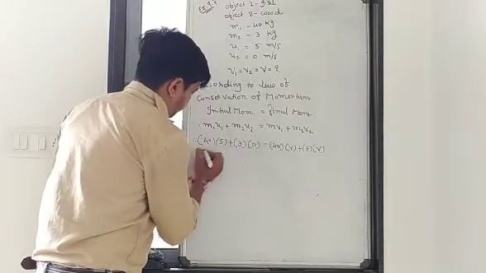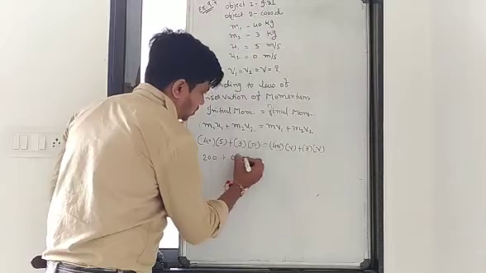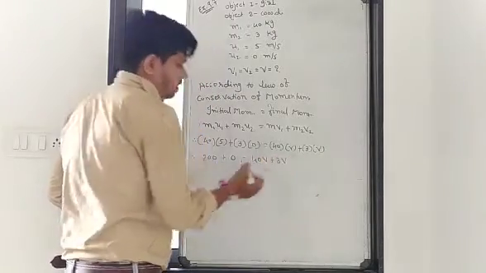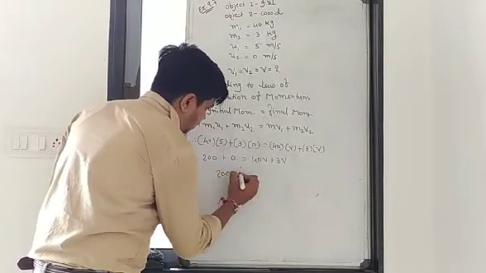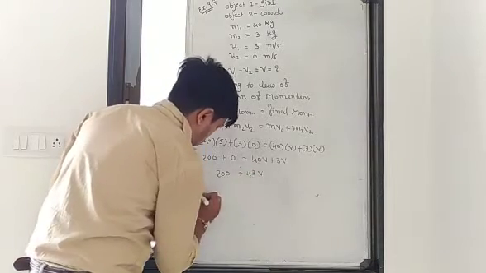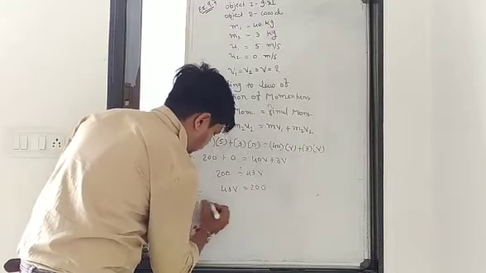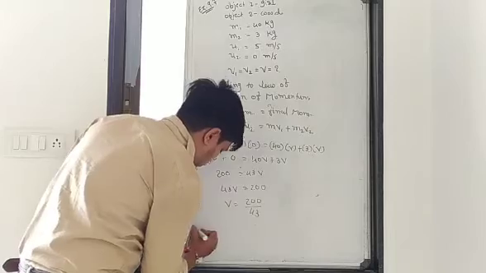Now 40 into 5 is 200 plus 3 into 0 is 0. On the other side, 40v plus 3v, right? So 200 plus 0 is equal to 200. 40 plus 3 is equal to 43v. So 43v is equal to 200. So v is equal to 200 divided by 43.